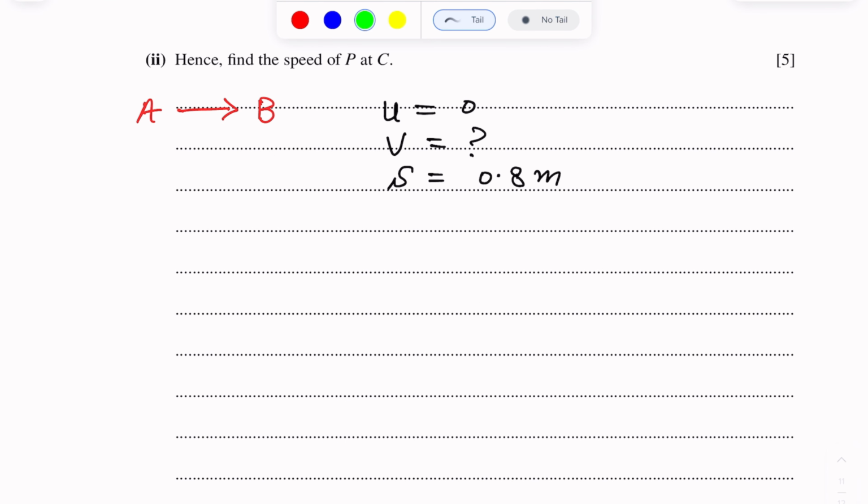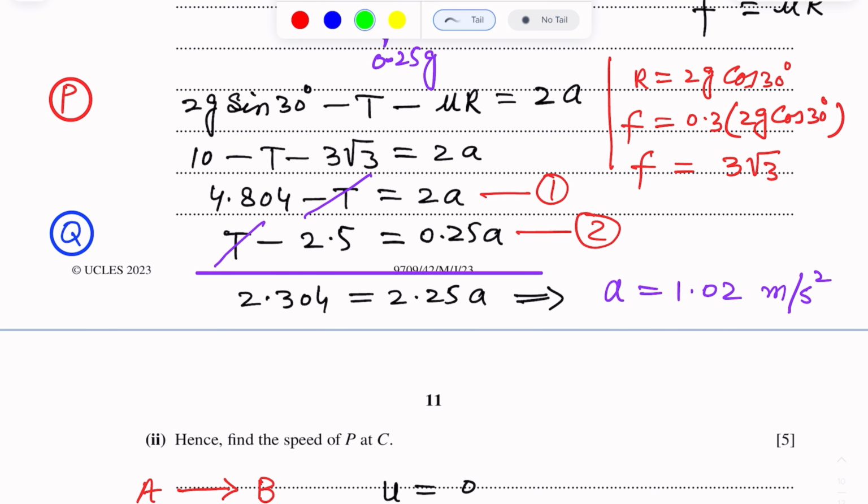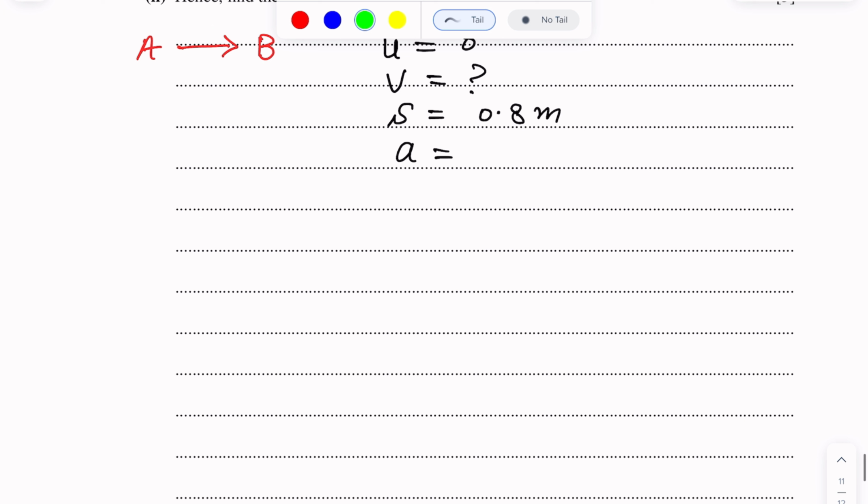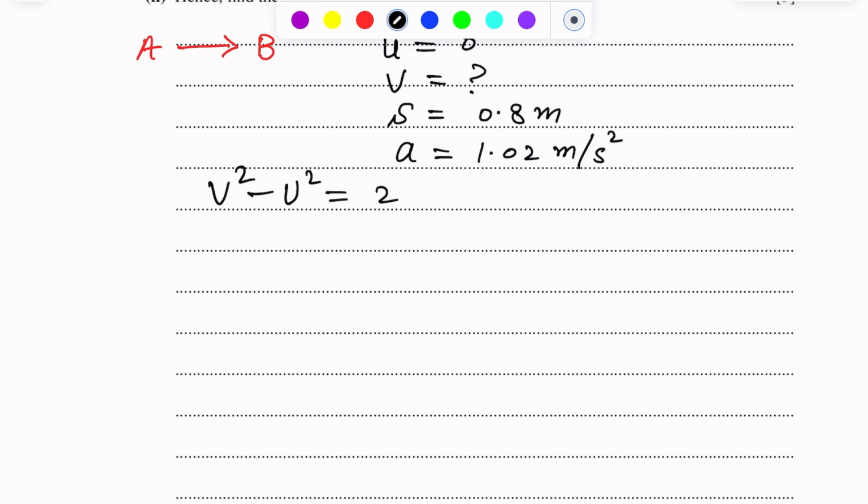So s is equal to 0.8 meter, and the acceleration we just found is 1.02 meter per second square. Now we will use this equation, v square minus u square is equal to 2as. V square minus 0 is equal to 2 into 1.02 into 0.8.